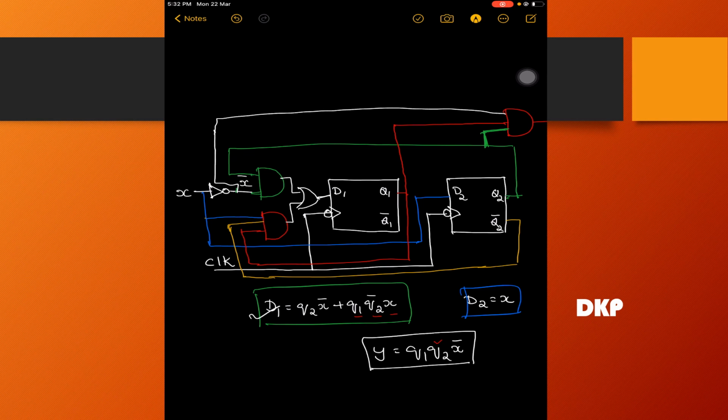Give that to the AND gate, so that you will get Y is equal to Q1 Q2 X bar. So this is the design of your sequence detector 1010 using D flip-flops.